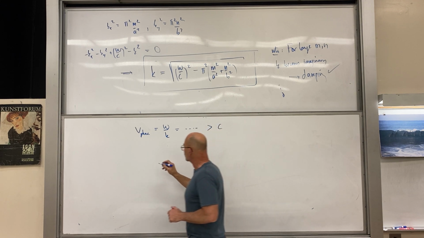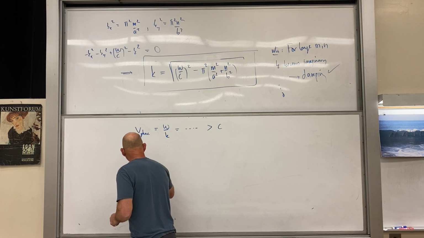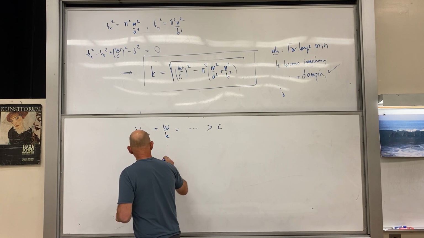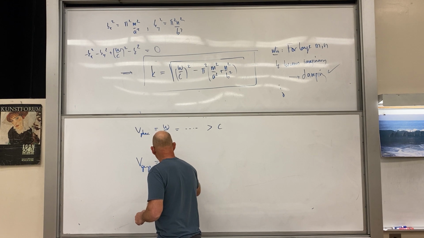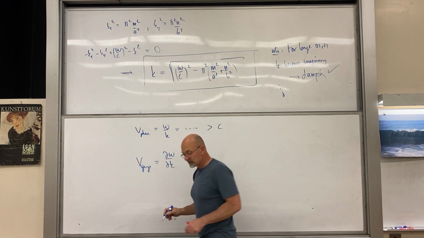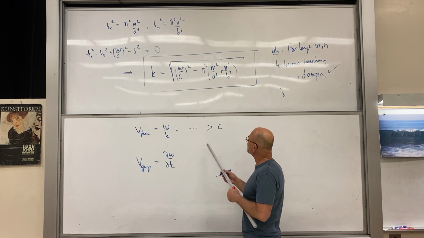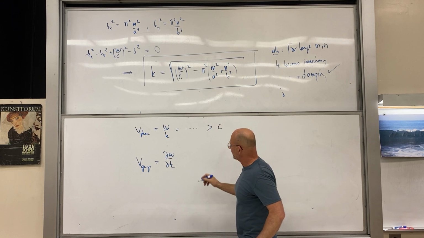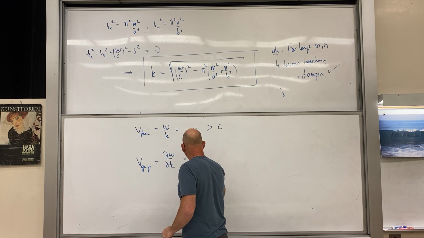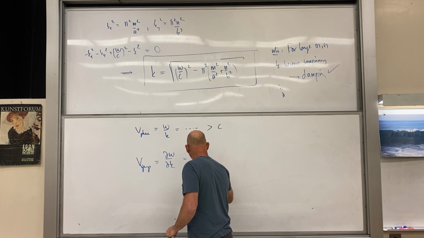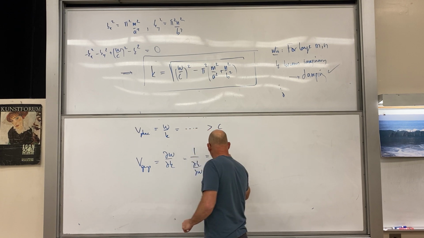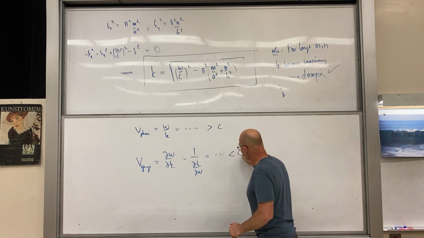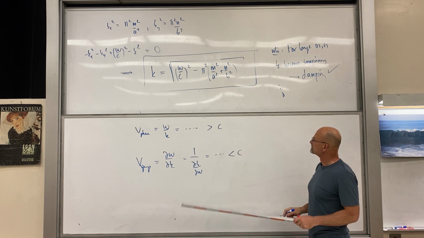But the group velocity, which is d omega over dk, well, you don't have omega of k here, do you? Here's what you do. You say that's 1 over dk/d omega, and what you'll find there is that that is less than c, okay?